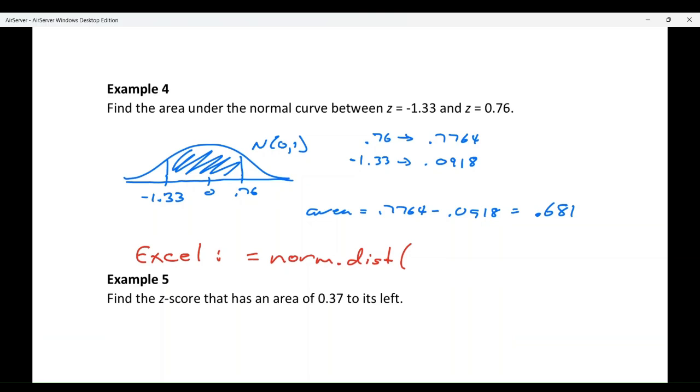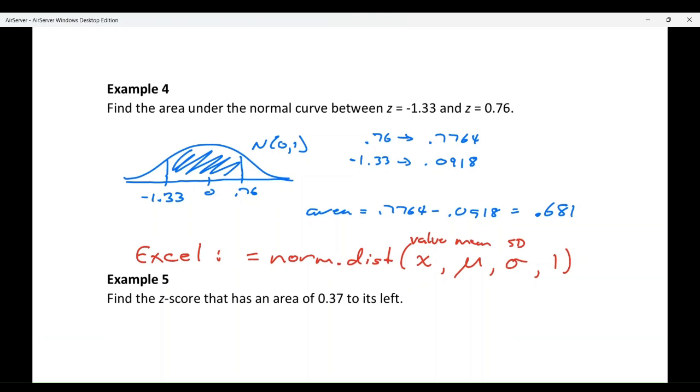And then what it's asking you to enter is x, mu, sigma, and 1. So you're plugging in the value, the mean, and the standard deviation. Think about the fact that those are the three values that we need to find the z-score. So you're giving it those three values, and it's going to find the z-score and then just convert that z-score into an area.